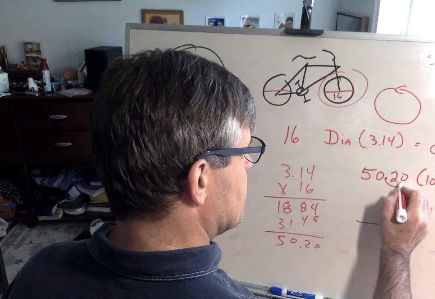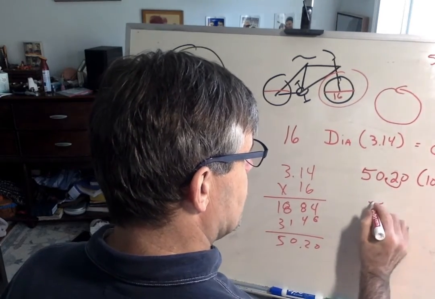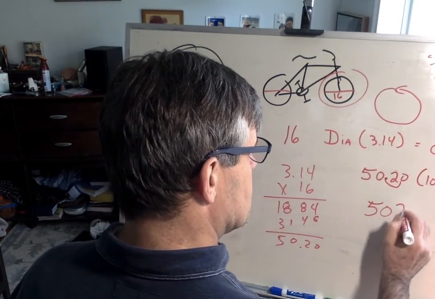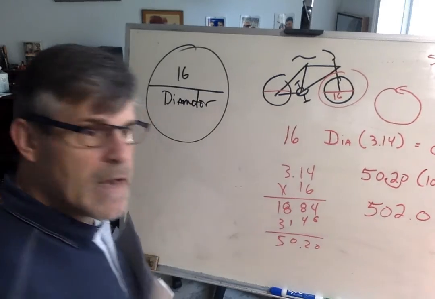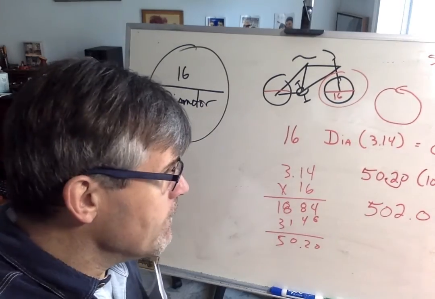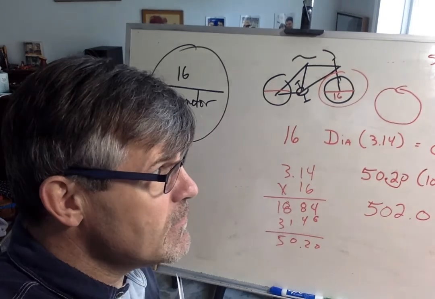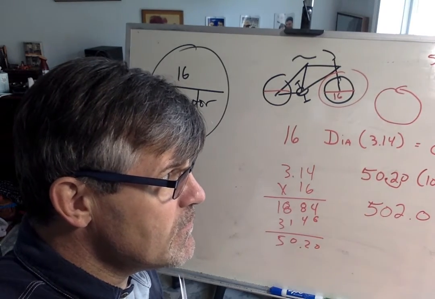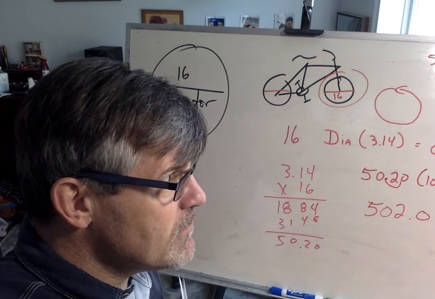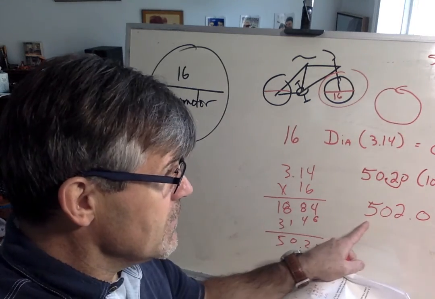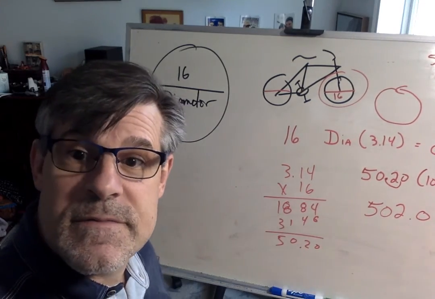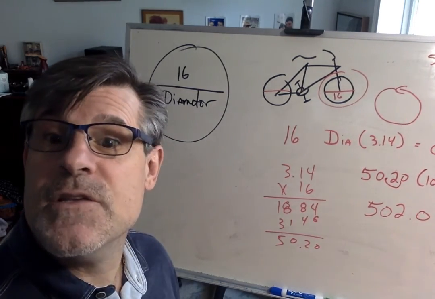Tamel's right. Now what's this say, Tamel? Can you see my board? It's 502.0. There you go. So how many inches is that? It's 502 inches. You see that? Dude, good job, man.